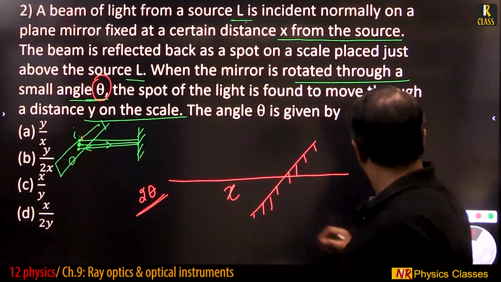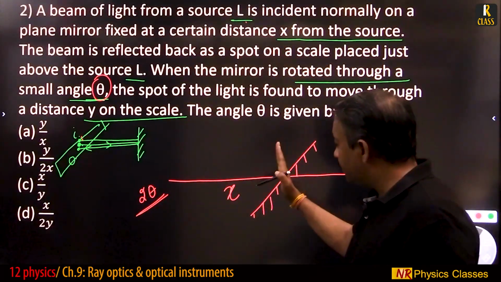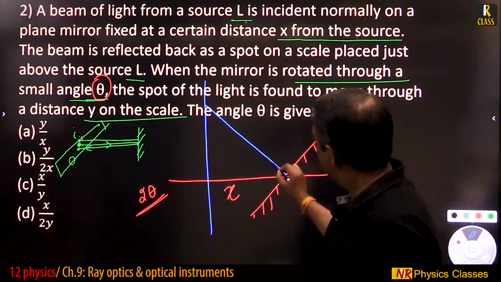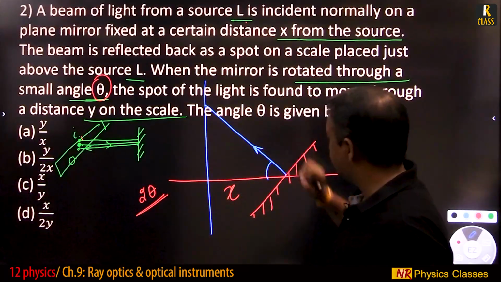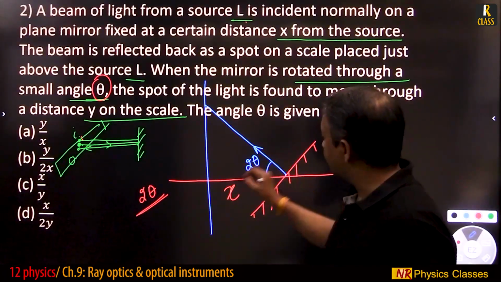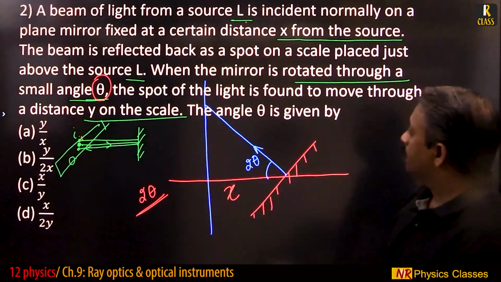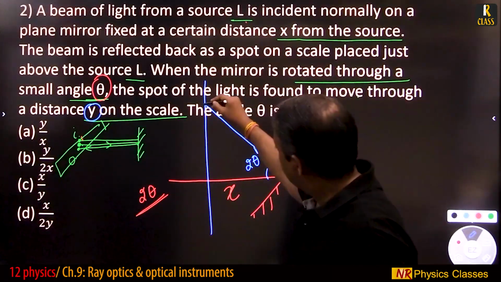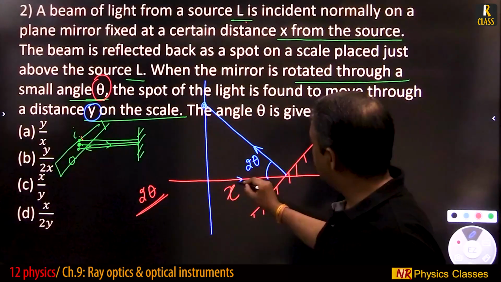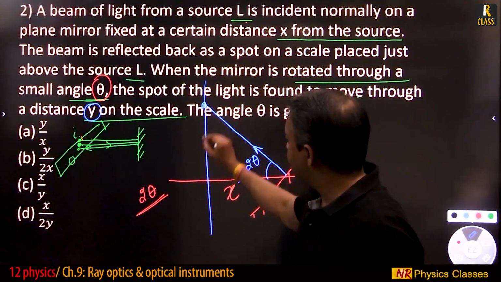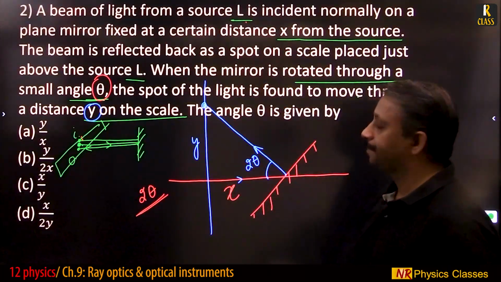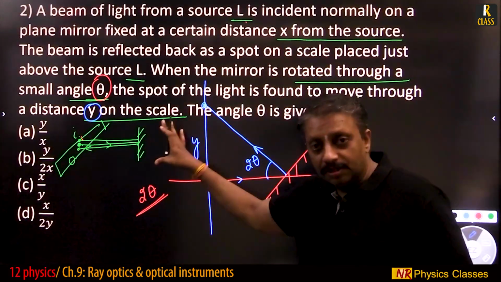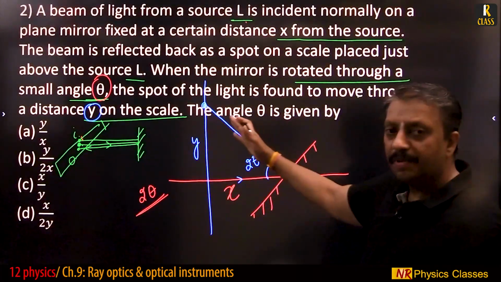When the mirror is turned by theta, the reflected light will be turned by 2 theta, this concept. Y is the distance on the scale. So this is the reflected spot, and this distance is y. So using those two basic concepts, we can draw this, and the remaining is very simple.